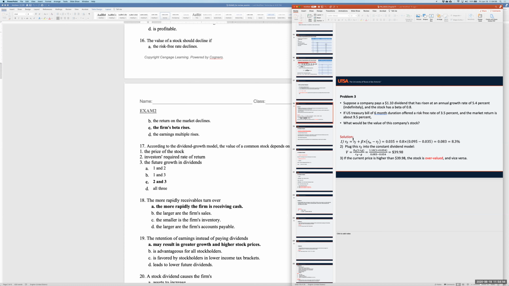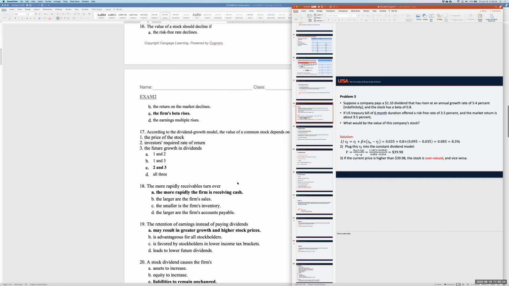If the risk-free rate declines, the value of stock should decline? No, because we have a lower required return, and it's in the denominator. If it is getting lower, the value is getting higher. So no, A is wrong.